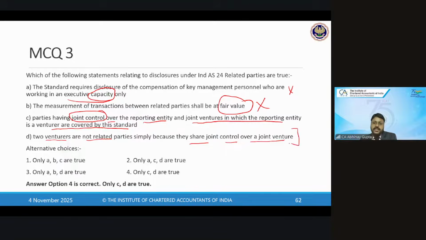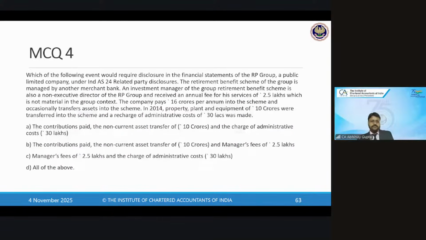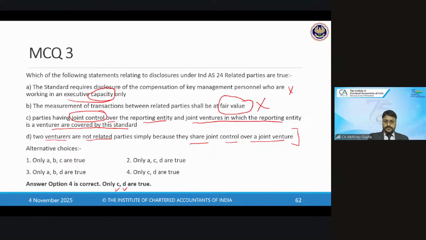I have discussed this at least 5 times since morning, and we also have 2 examples. So C and D are true. Correct. So try to use the elimination approach in the MCQs. Since A is not correct, and A is in 3 options, the 4th is the only option which could be correct. Correct.